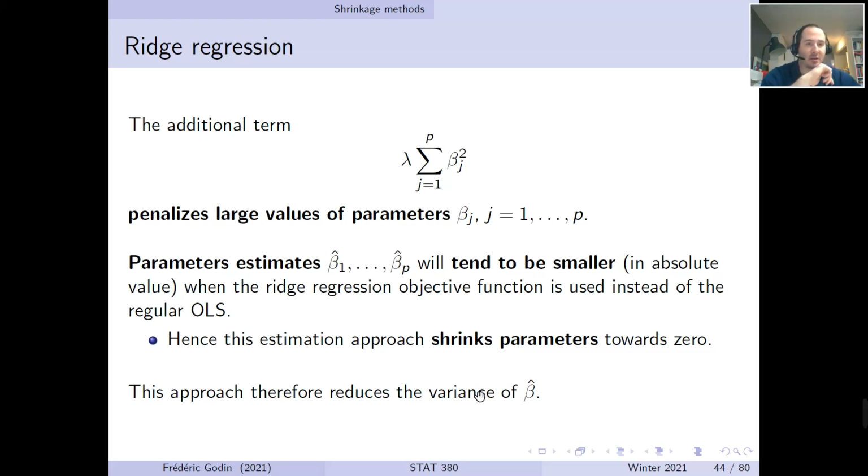Recall that the true parameters beta are constant, but the estimators are random variables because they vary depending on the observations y you obtain, or even the predictors if they're random. So by shrinking them, we see that their variance will be smaller. You pressure them towards 0, so this has the effect of reducing their variance.